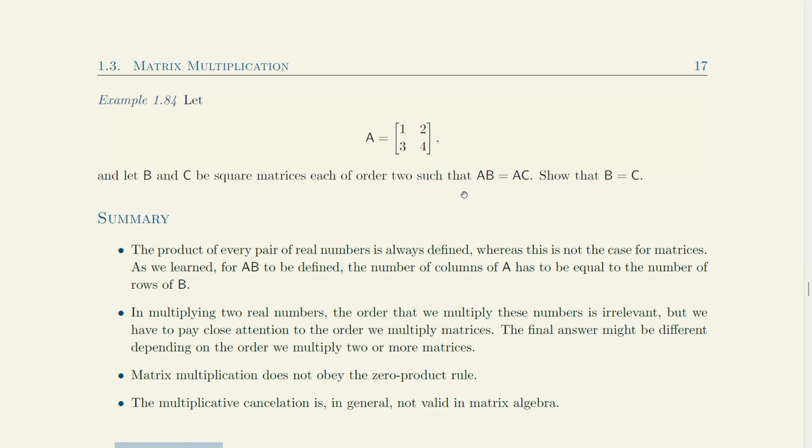So this is a matrix A. I want you to show me that if I have this matrix as A, then suddenly cancellation becomes valid. But I don't know, is it a good example to put it here? I don't want to confuse you. I want you to understand that in general multiplicative cancellation is not allowed, but sometimes it is allowed.